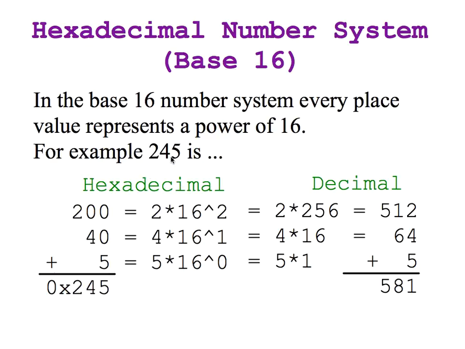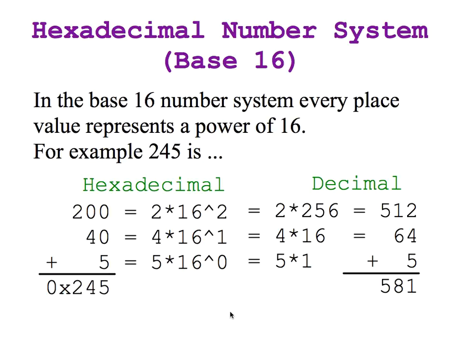The 5 is 5 times 16 to the 0, which is 5 times 1, which is still just 5. The 4 doesn't represent 40, as it would in decimal, but it represents 4 times 16 to the first, and 4 times 16 is 64. Likewise, every time we move up a digit, we move up a power of 16. And so this number, 245 in hexadecimal, actually represents 581 in decimal.